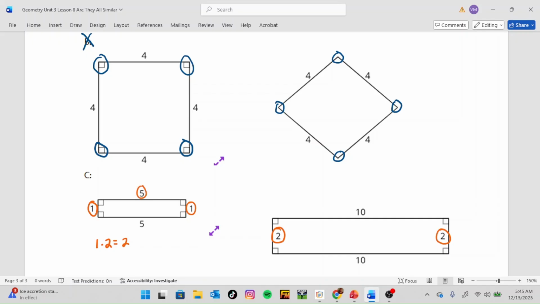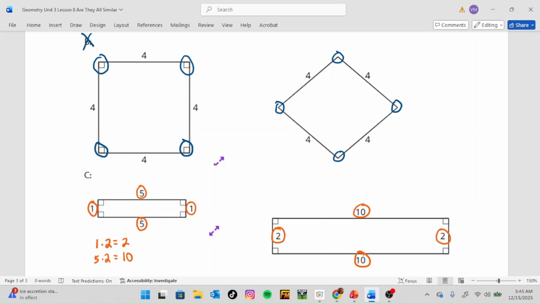Then, on the top and the bottom, we have side lengths of 5 and 10. And if I multiply 5 times that scaling factor of 2, I do get 10. So all of my angles are the same, and all of my side lengths are proportional.